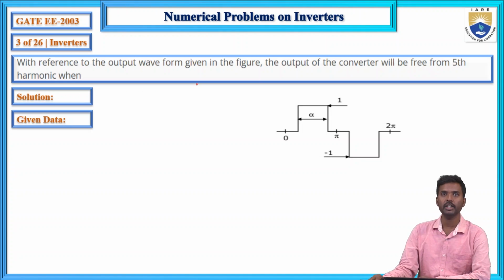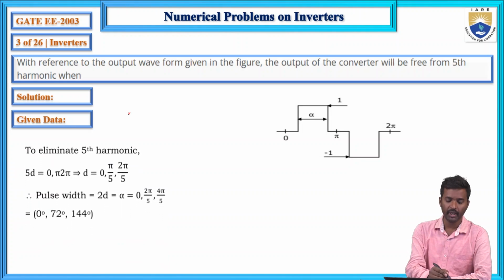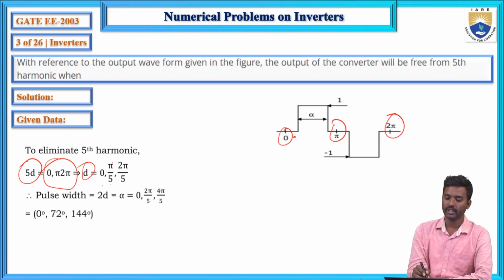To eliminate the fifth harmonic, we take 0, pi, 2 pi. So here D equals 0 by 5, pi by 5 and 2 pi by 5.